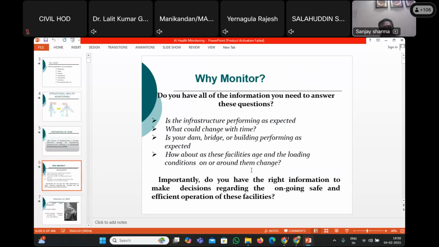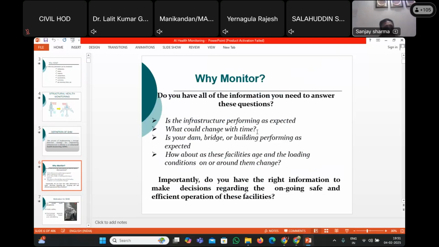The question arises: why monitor, why do we want the information? Basically we want to see whether the structure is performing as expected or not. Any structure, when built, is built for some purpose. What could change with time?